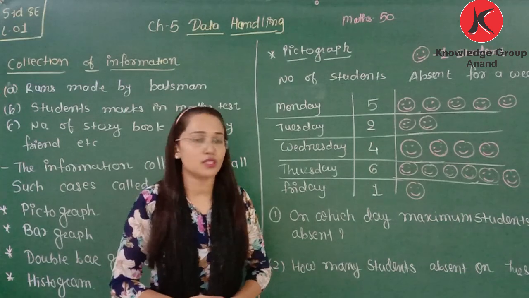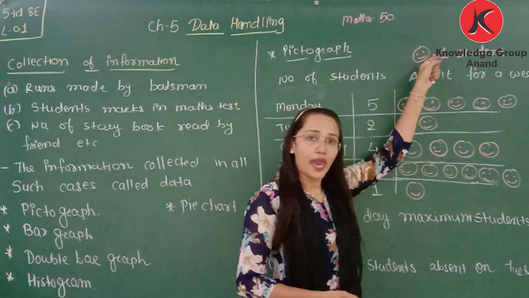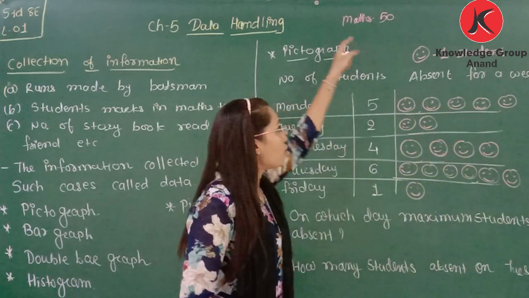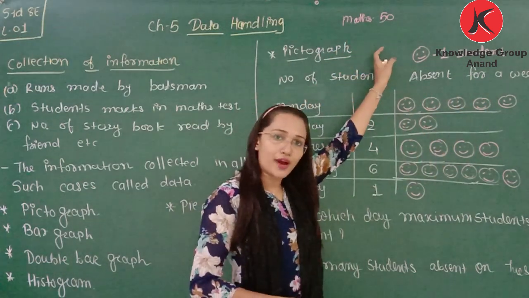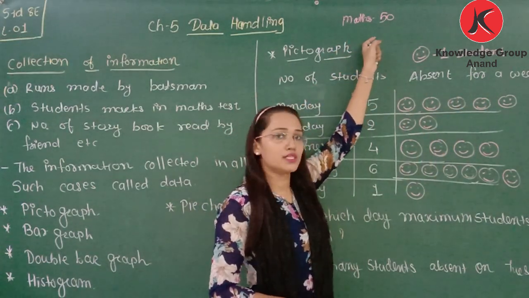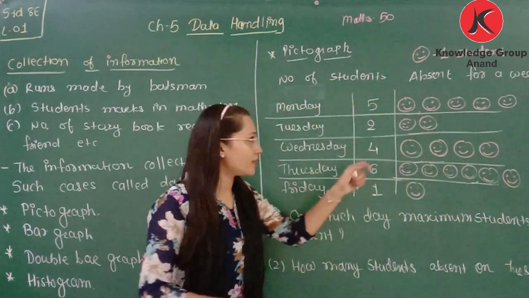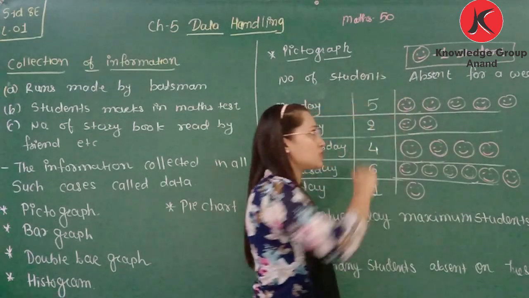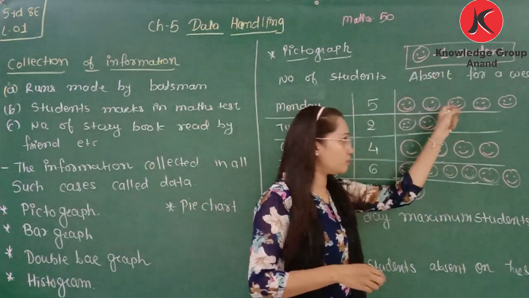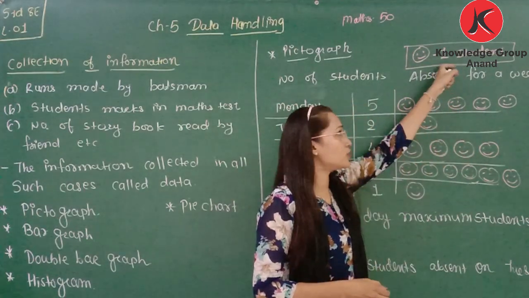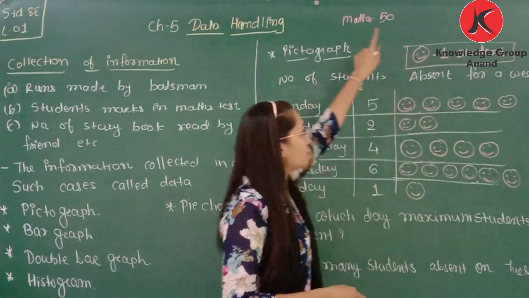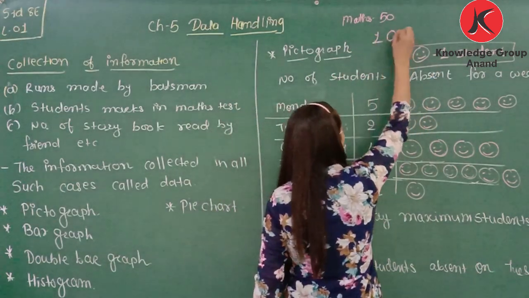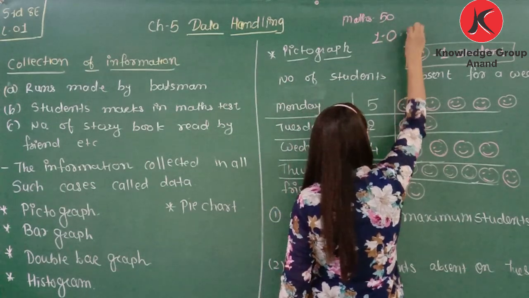So we can take one symbol equal to 10 marks. Then we need 5 smileys to represent 50 marks. That is why this is very important. Whatever information we write, we need to draw a pictograph proportional to it. If it is 50 marks and one circle is equal to 10 marks.